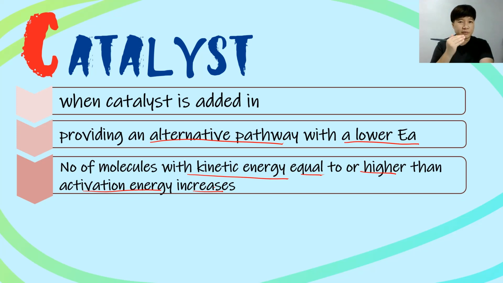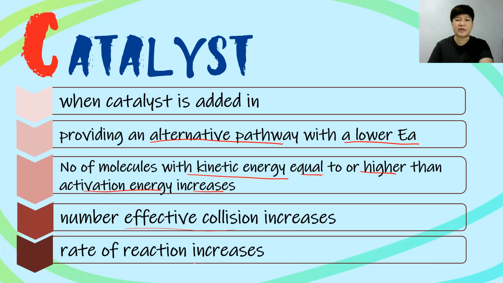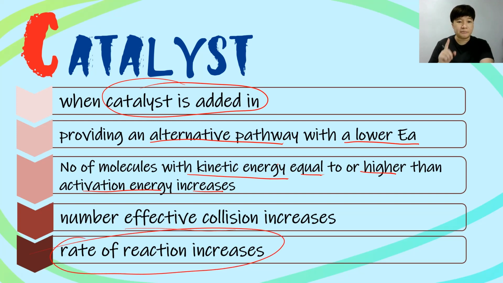That's why more molecules will achieve the activation energy. The number of effective collisions increases, as a result the rate of reaction increases. So with the presence of catalyst in your reaction, the rate of reaction will increase because of the lower activation energy.